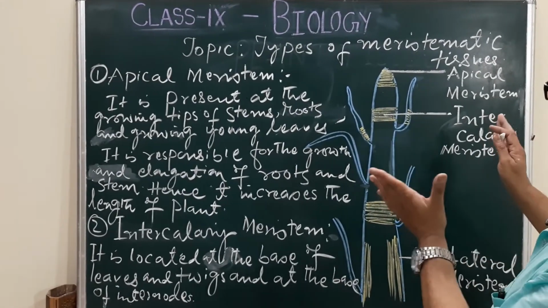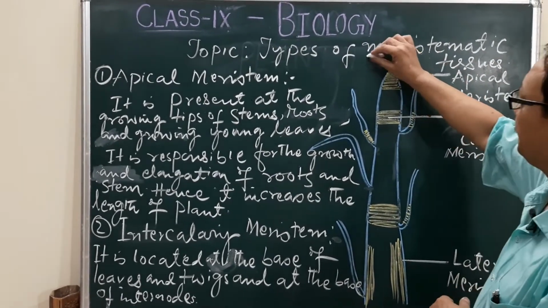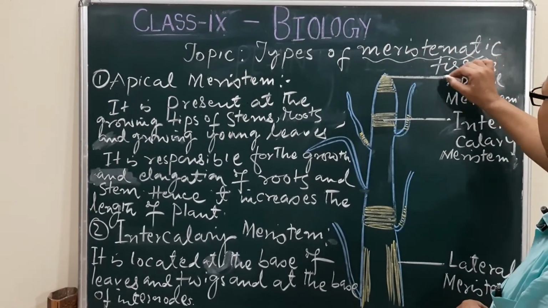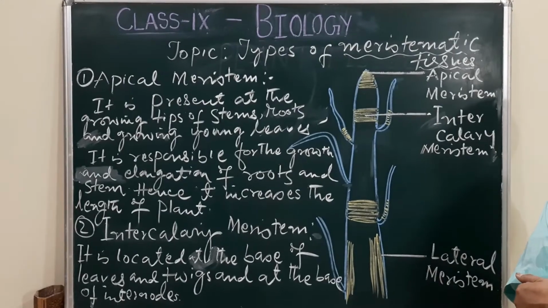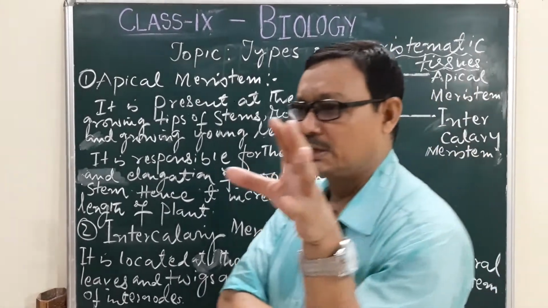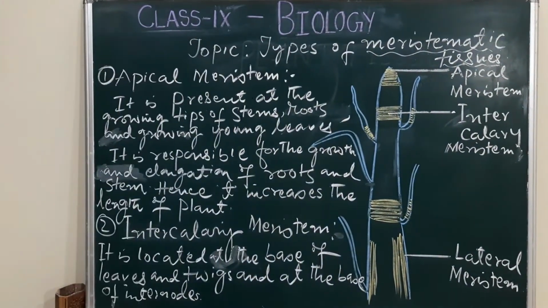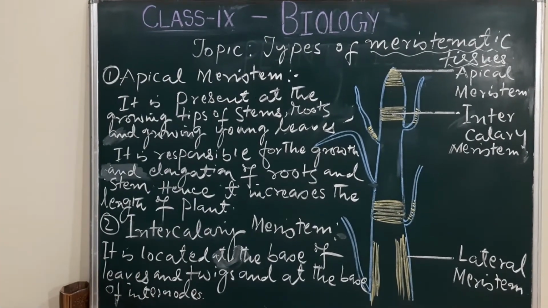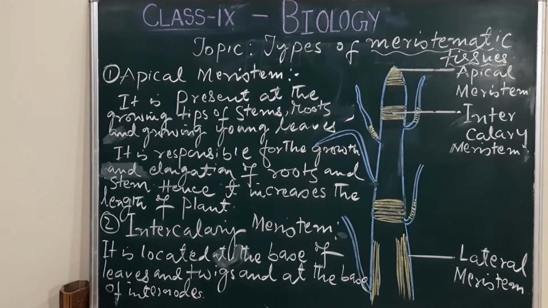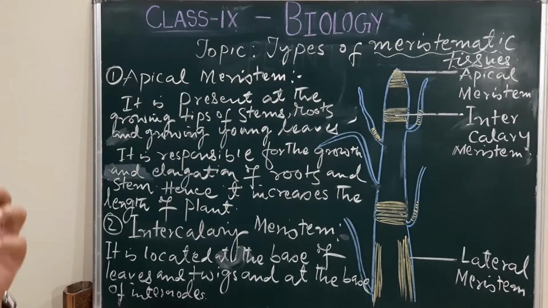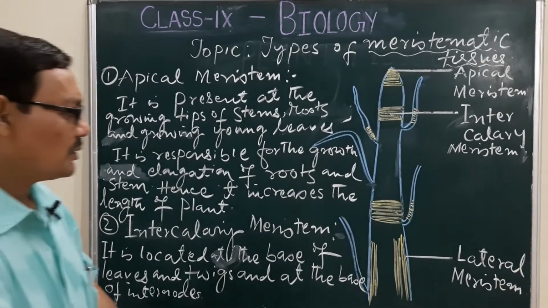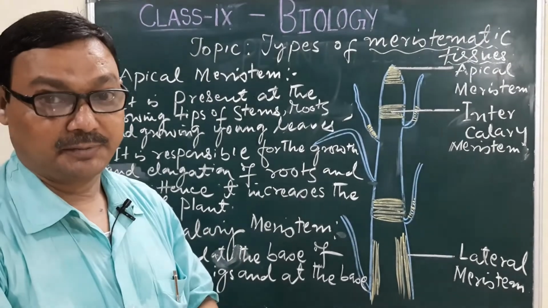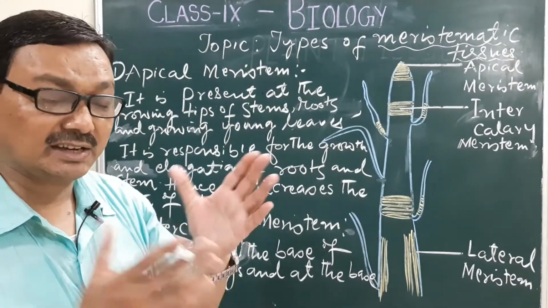We have discussed that meristematic tissues are such type of tissue of the plant having cells which are active, premature, and will divide. And why will a cell divide?